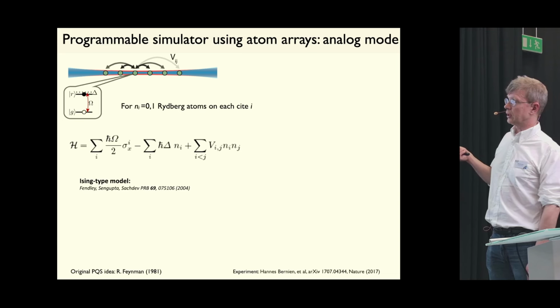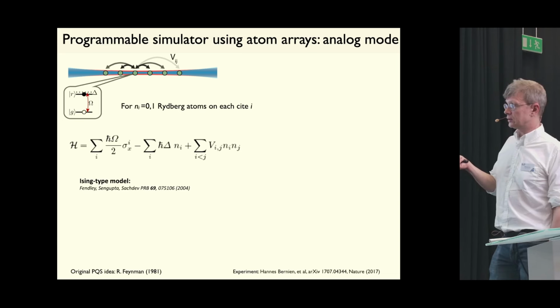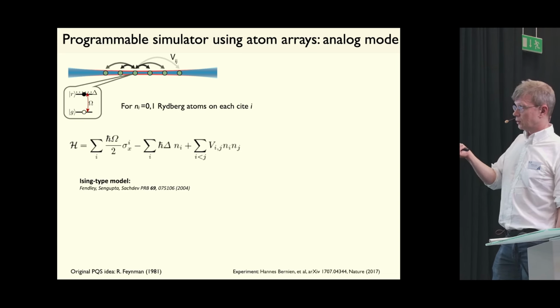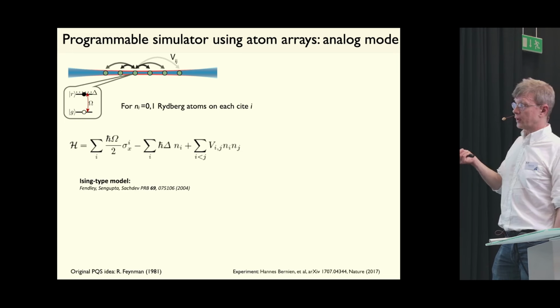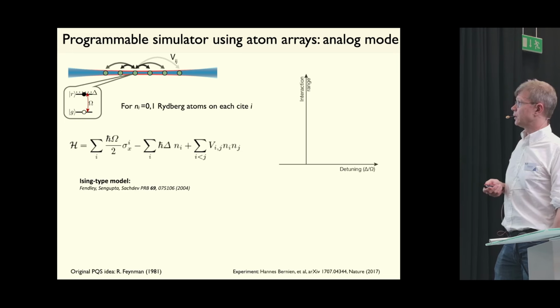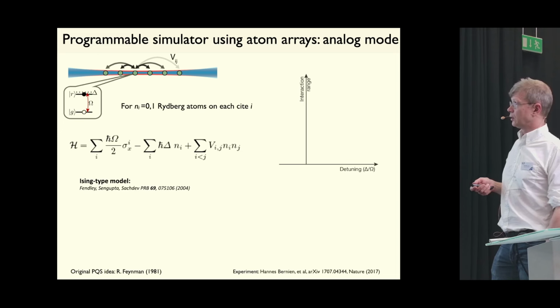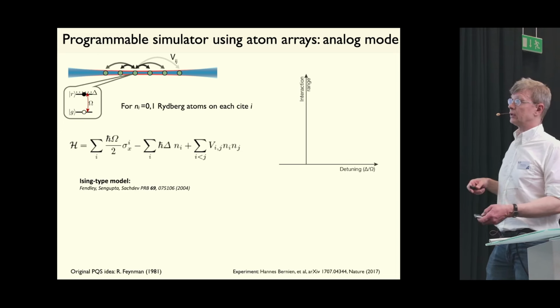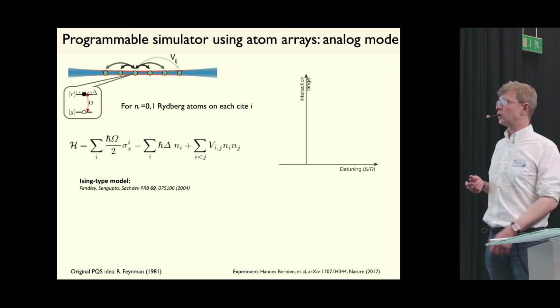It's actually a field applied in the z direction. n is the number of Rydberg atoms at each lattice site, and there is the interaction. In fact, this Hamiltonian gives rise to a family of models which have quite an elaborate phase diagram in both 1 and 2 dimensions.